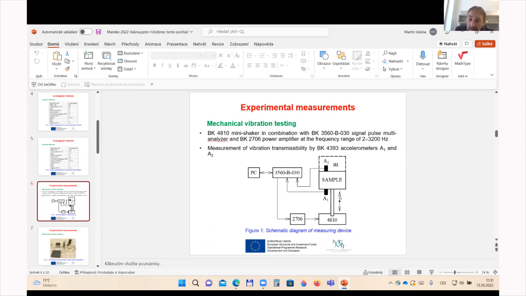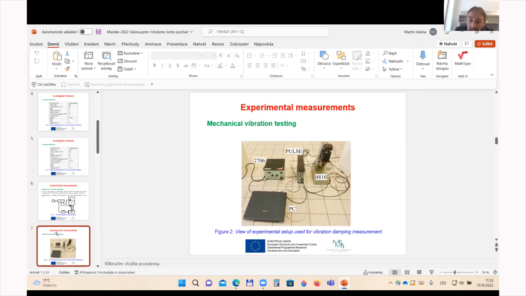Here we have the forced oscillations in this frequency range from 2 to 3200 Hertz. And on top of the sample, we have some inertial mass. Here we can see the measuring equipment in this figure, for example, the shaker with the sample.